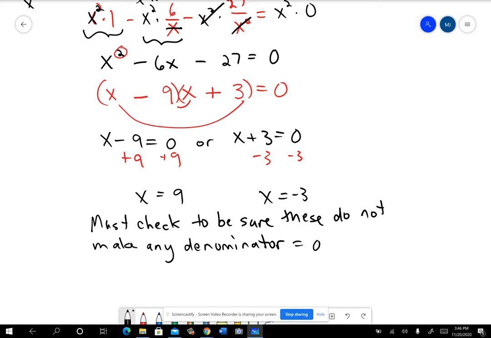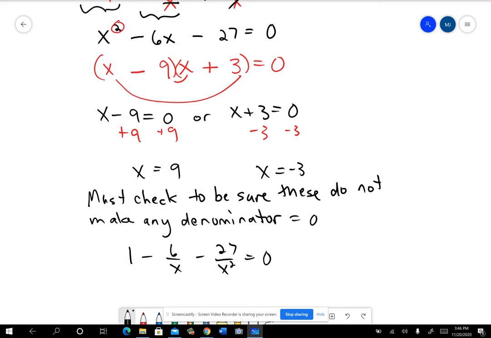So they wouldn't, because your original problem was 1 minus 6 over x minus 27 over x squared. So really the only thing that would make these denominators 0 would be a 0. So we know x can't be 0, but if I did all my other arithmetic right, these should be okay.